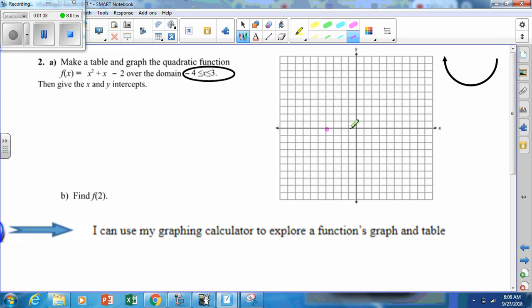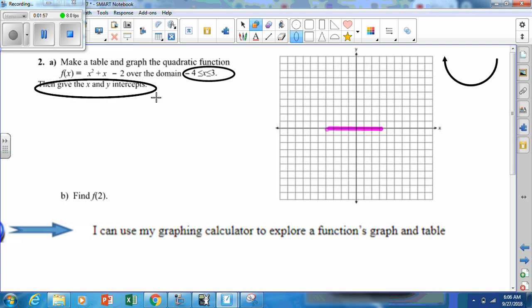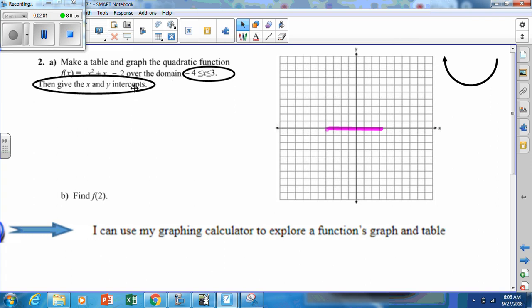Okay, not hard. We're also being told to look for the y and the x intercepts. Now it's interesting, because when we have a straight line, those x and y intercepts are 100% guaranteed to exist. Well, I can't say that. They happen more often than not.